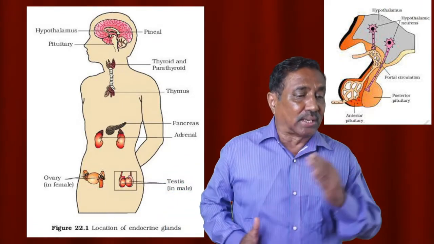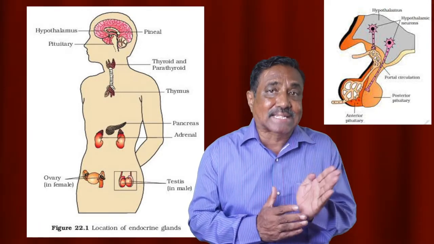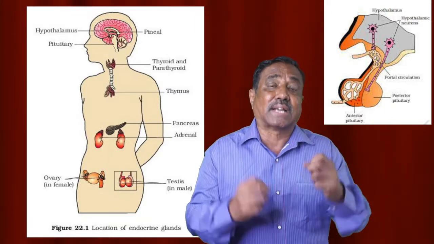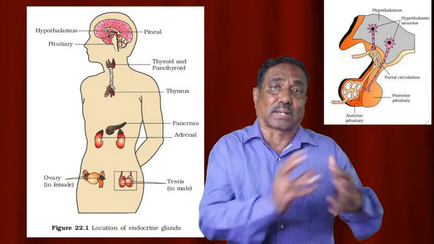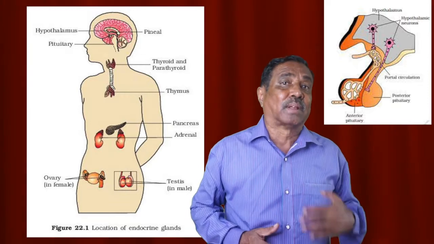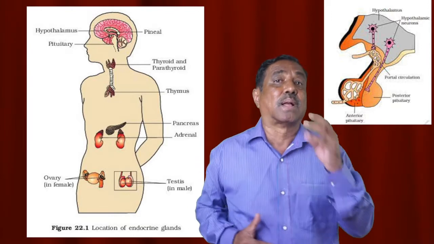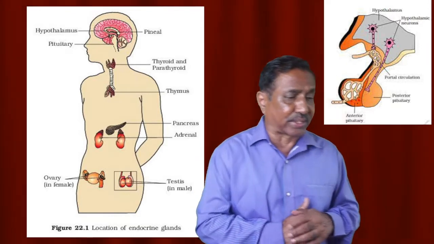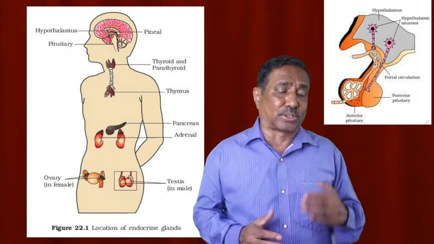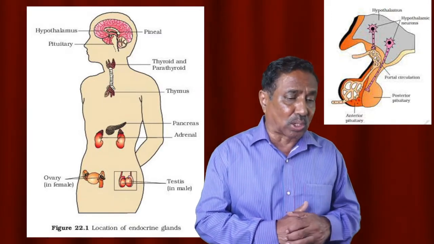the growth hormone. These hormones released from the hypothalamus, from the axon nerve endings to the anterior region of the pituitary, are under neural control. They release these hormones into the portal circulatory system and control all the activities.